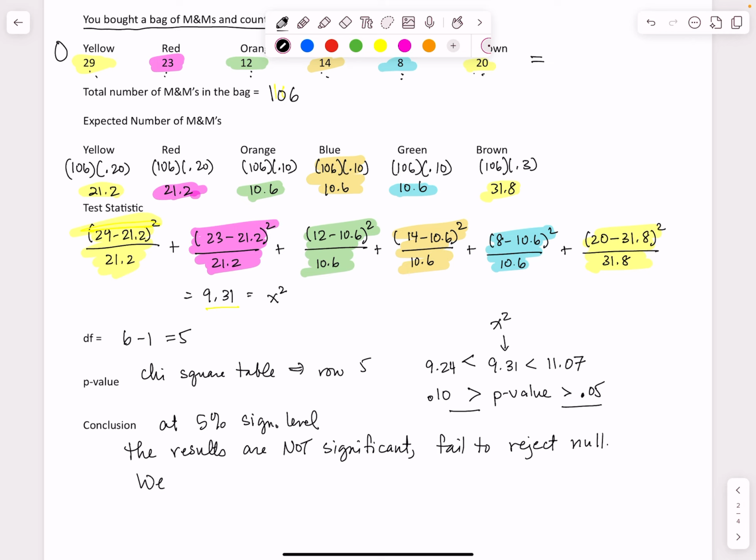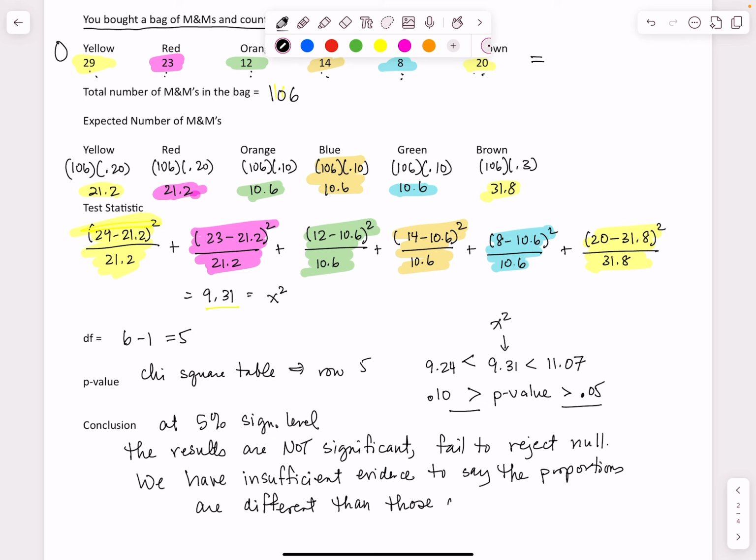We have insufficient evidence for our alternative, which happens to be, in context, we have insufficient evidence to say the proportions are different than those given by the company.